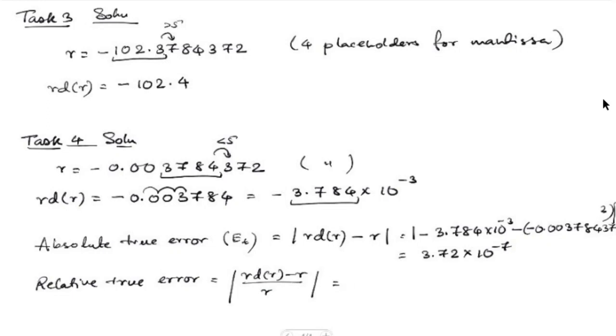That gives you the relative error, and we have to find the absolute value of it, which is 3.72 times 10 to the power minus 7. We take the value from here, the absolute error, divided by the true value of r, which is 0.003784372, and this gives us the value 9.830 times 10 to the power minus 5.